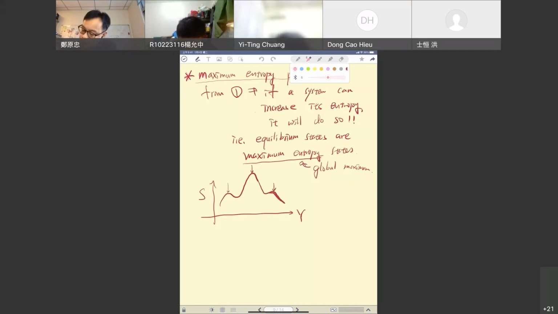The highest one is the global maximum. I will say this is y equals 0, the equilibrium point.